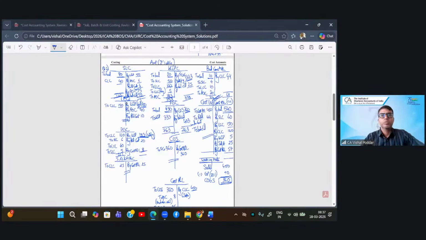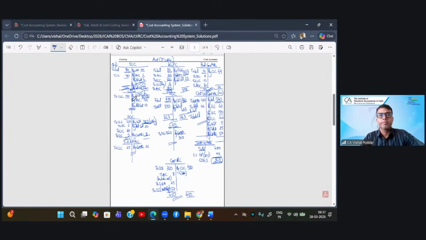Correct? So complete this sum. We take our 10 minutes break, and after the break, we come back to solve the further sums. Kindly complete this sum in the meantime, and after the break, we take up the next sums, whatever are possible today. Fine. So 10 minutes break, students.